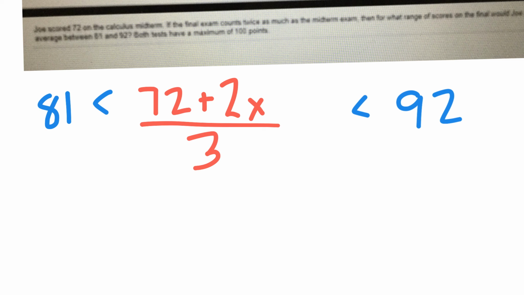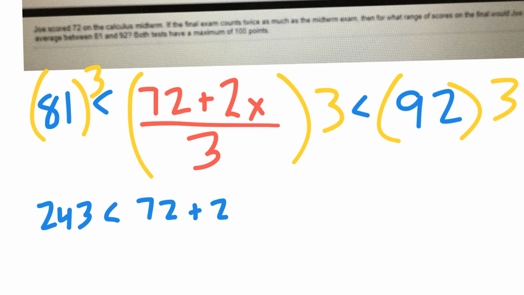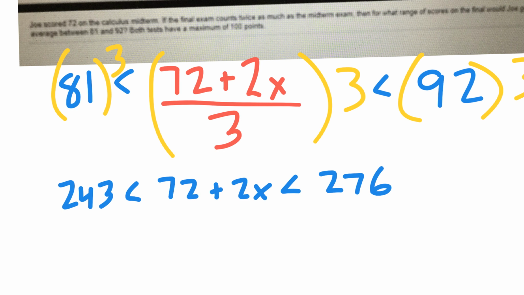Now we want to solve. So x is being divided by 3, so we're going to multiply all of these by 3. So 81 times 3 is 243, which is less than 72 plus 2x, which is less than 92 times 3, which is 276. Now subtract 72.